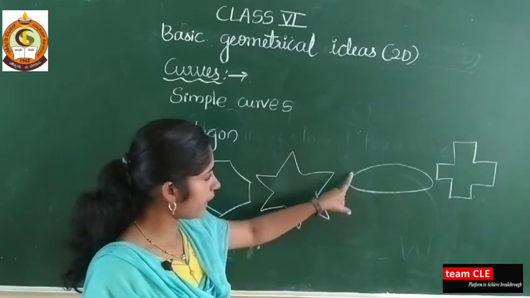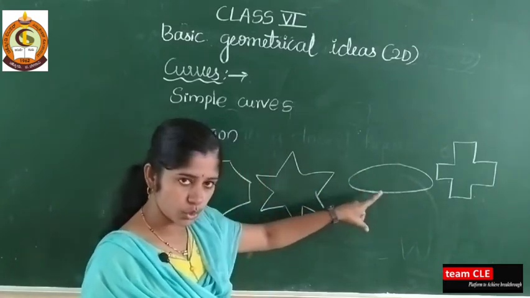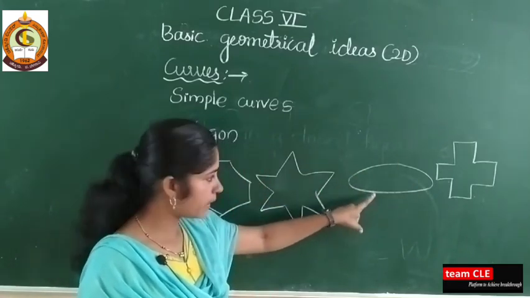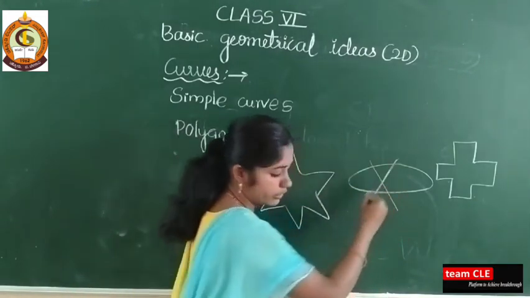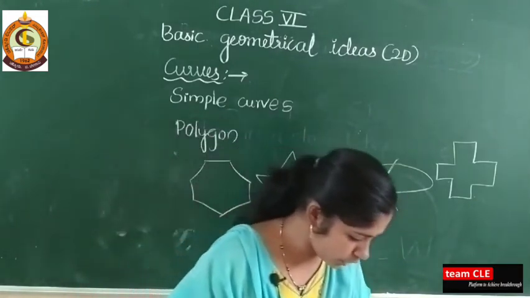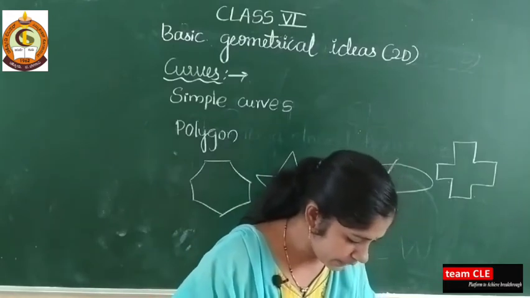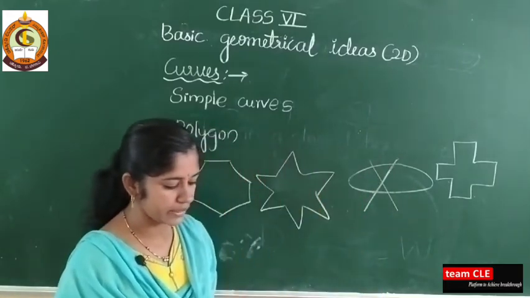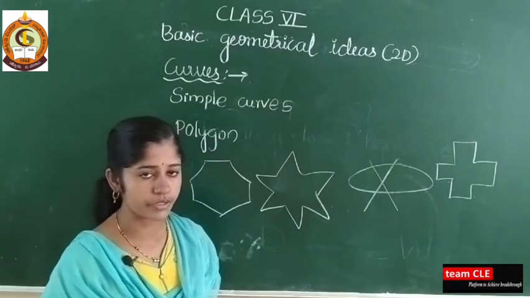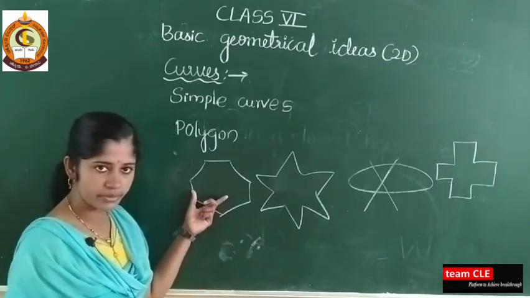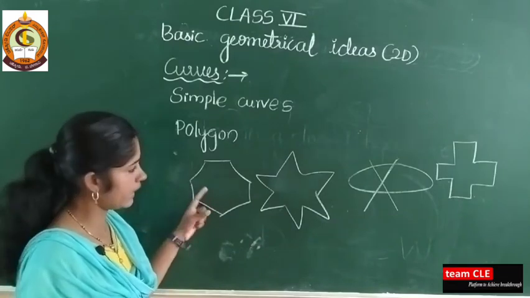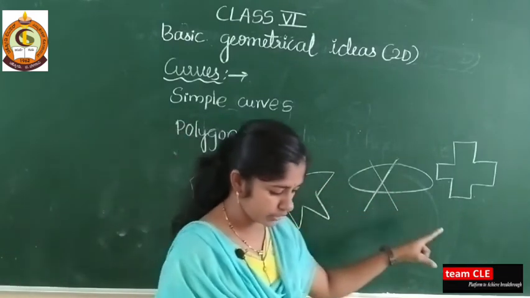Because it is made by a curved line. It is closed, simple, but not made by straight lines. So this is not a polygon. See here, polygons means figures made by straight lines. That type of figures we are calling polygons. See here, it is a simple curve and made by straight lines. So they all are polygons.